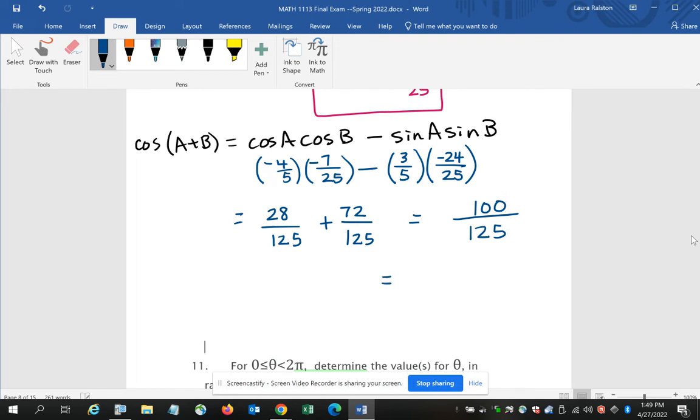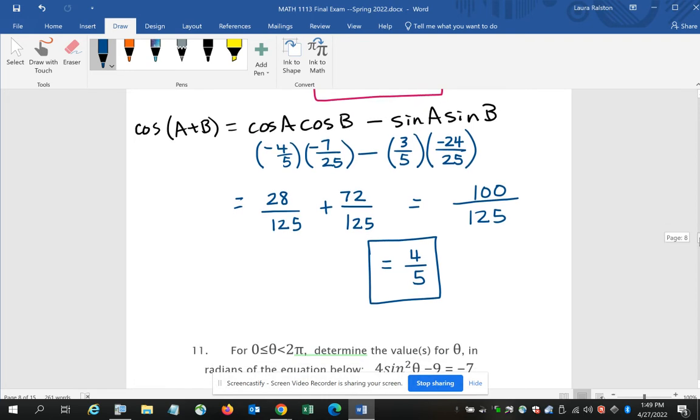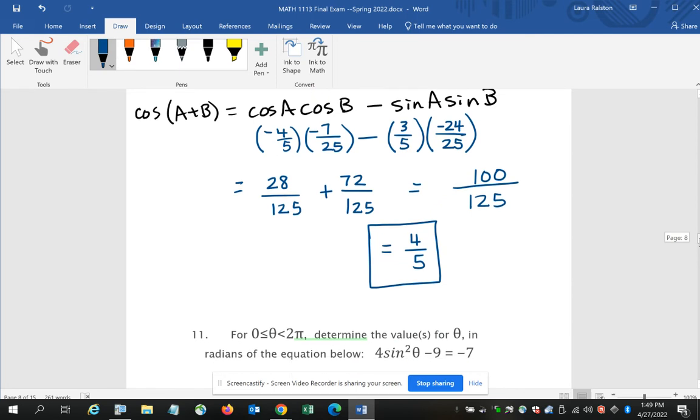So I have 100 over 125. I need to simplify that fraction, and it becomes 4 over 5. So your answer, cosine of A plus B, is positive 4/5. A lot of that is just number manipulation, plugging and chugging, but it takes time and you need to be careful and watch your signs.